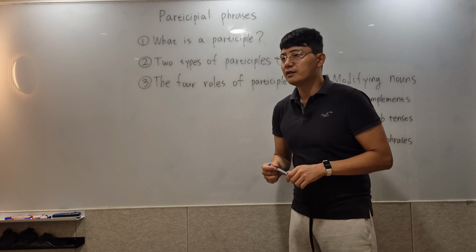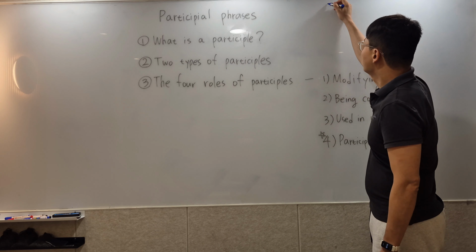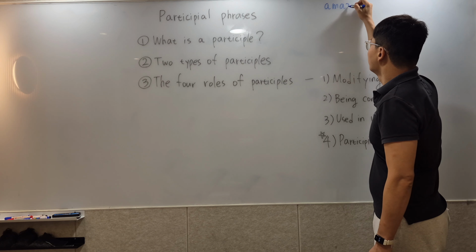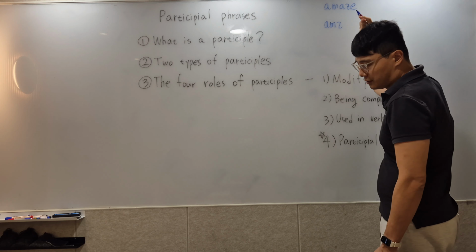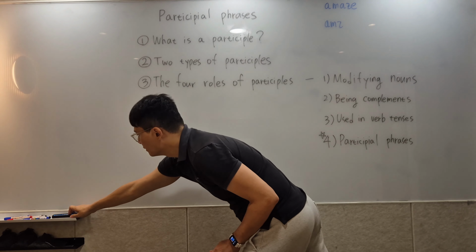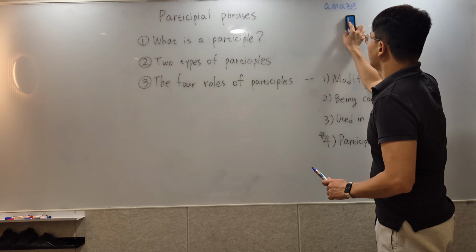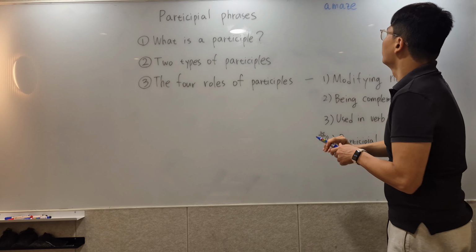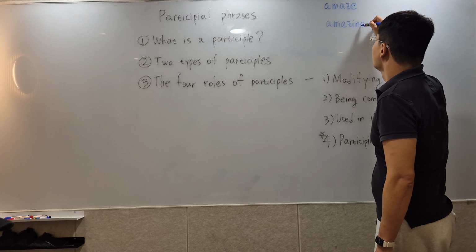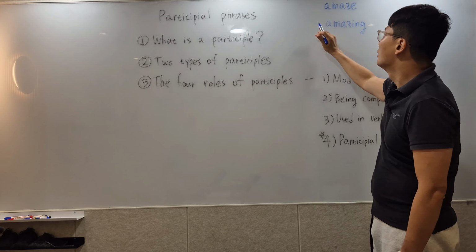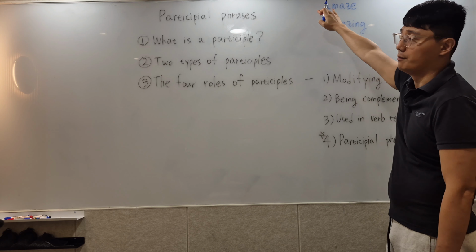Okay, so think of a verb amaze, okay? Amaze. So, amazing, oh no, sorry for it. My precious eraser. Okay, so amazing is the present participle of the base verb amaze.